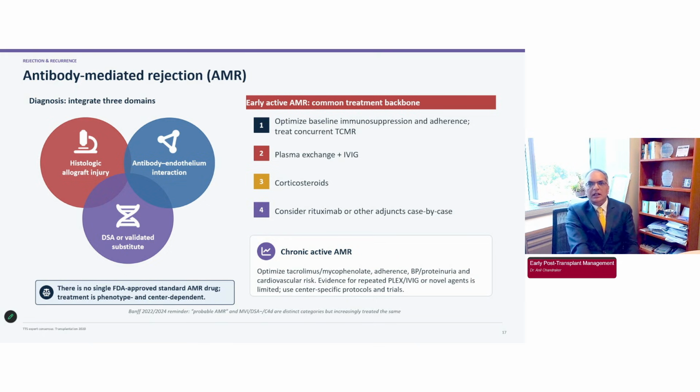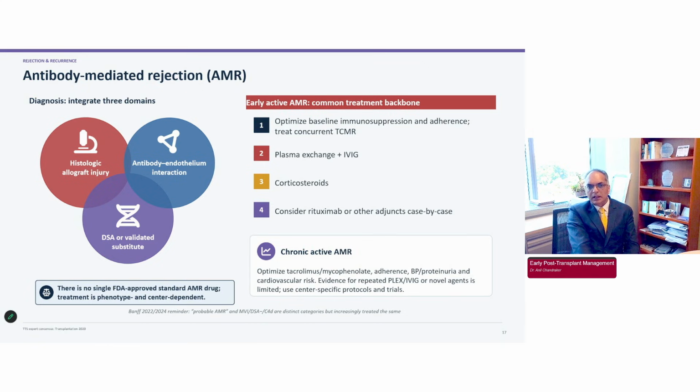Antibody-mediated rejection is a diagnosis that is made by taking into account histological allograft injury, so basically histology that's compatible with antibody-mediated rejection, whether there is C4d positivity, which is an indication of endothelial interaction, and whether there is DSA present, all in the context of worsening allograft dysfunction.